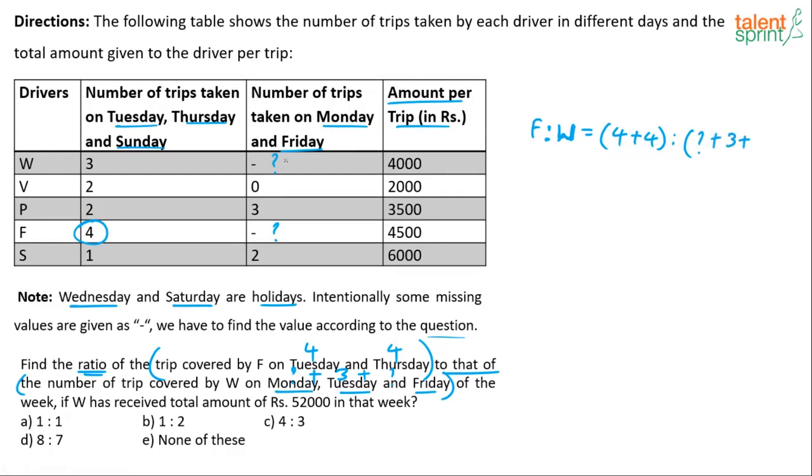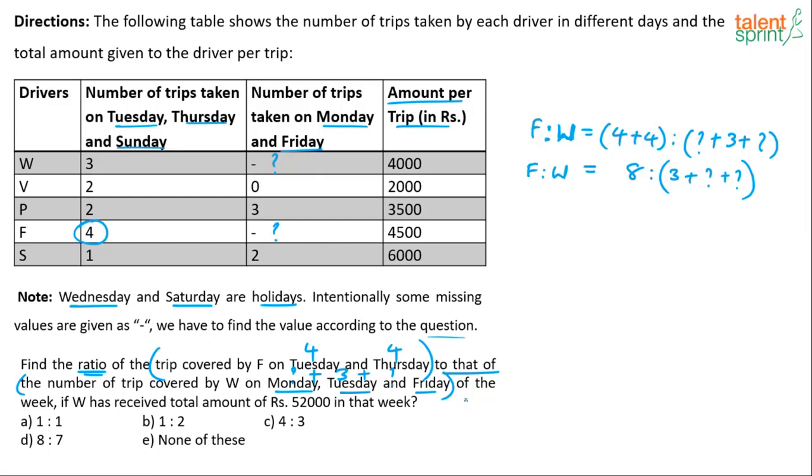And Friday also it's question mark. So basically the final answer is going to be 8 is to 3 plus question mark plus question mark, basically 2 times the question mark, whatever that number is. So now we need to focus on what the value of this question mark is. The moment you get that number, you'll be able to answer the question.